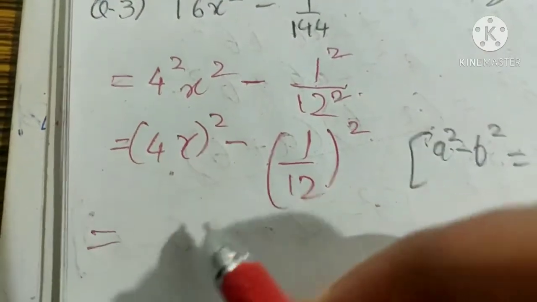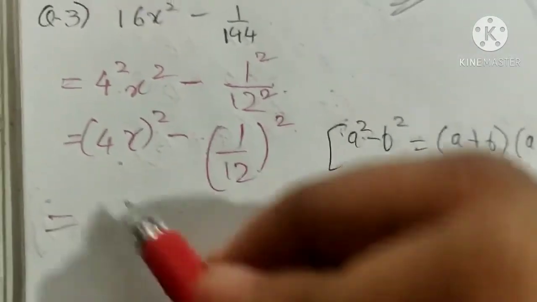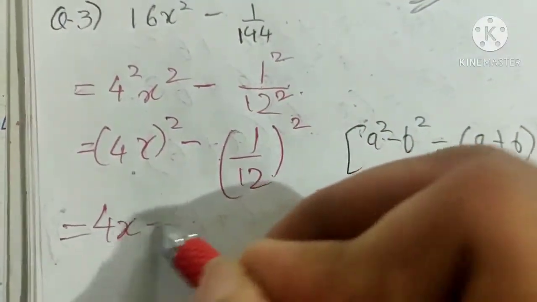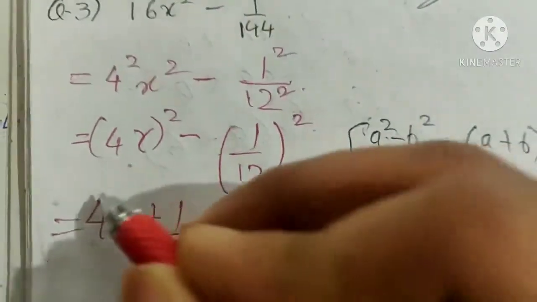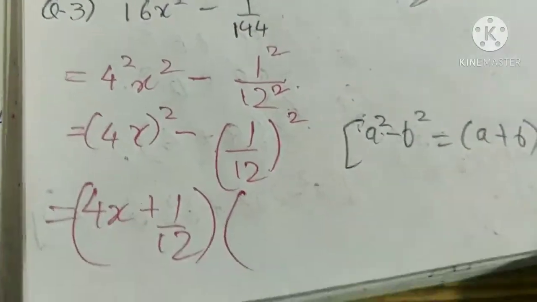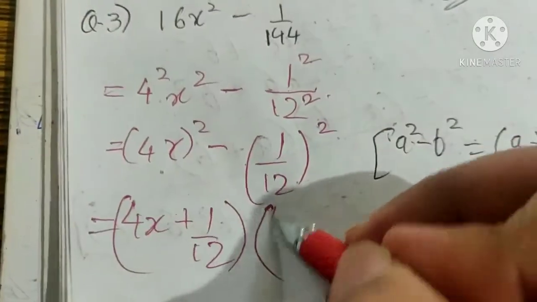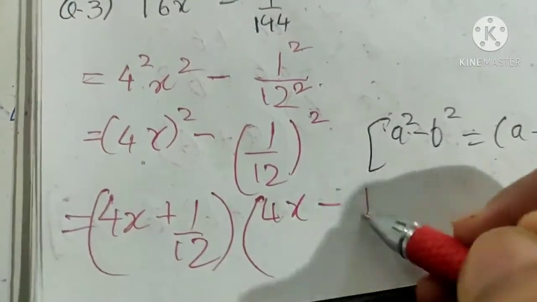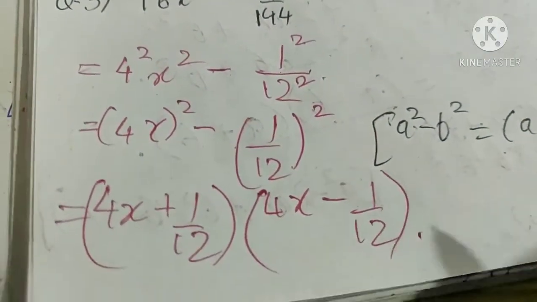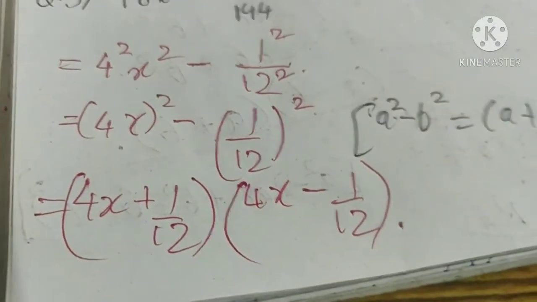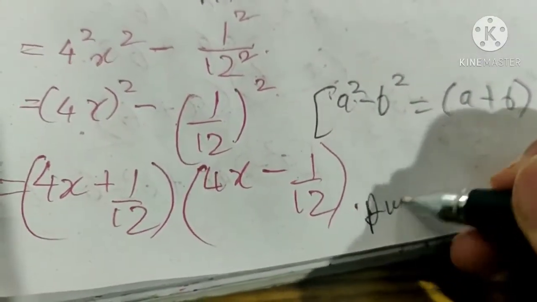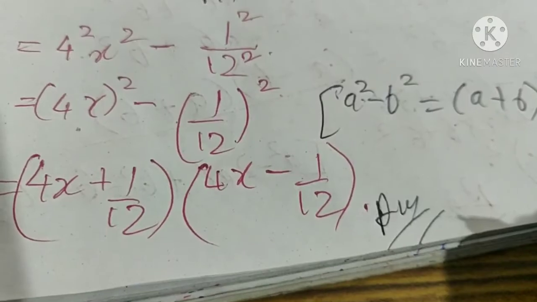Okay, so it can be written as a plus b, that is 4x plus 1 by 12, and a minus b, that is 4x minus 1 by 12. So this is our answer in this question.